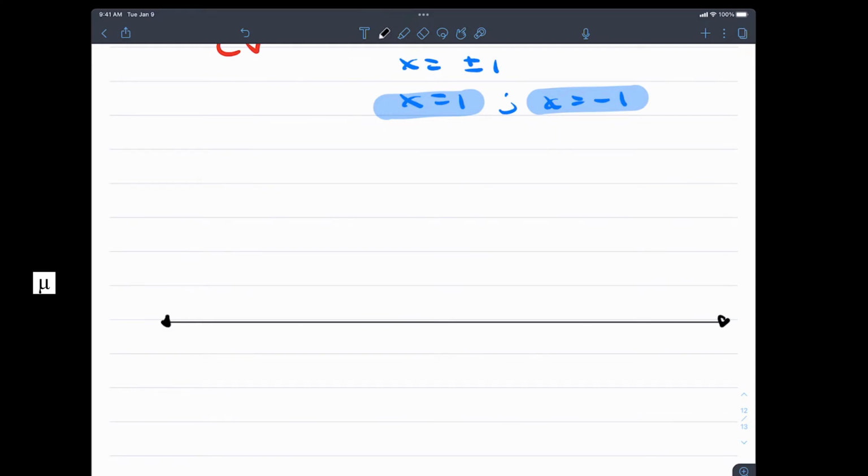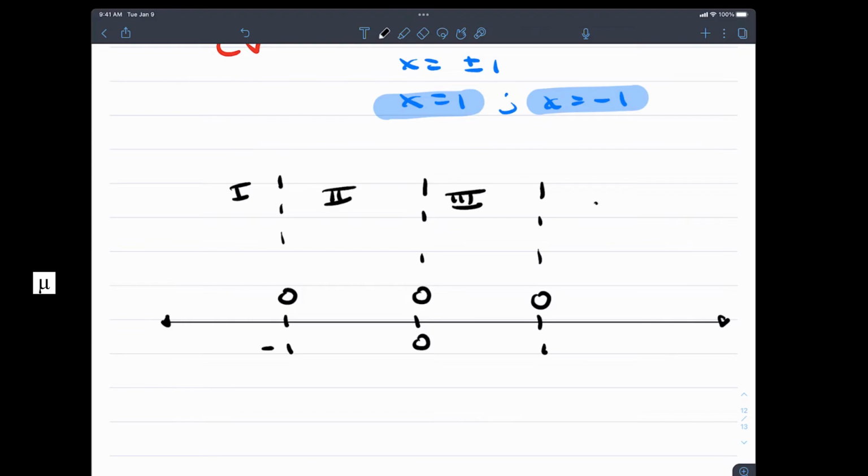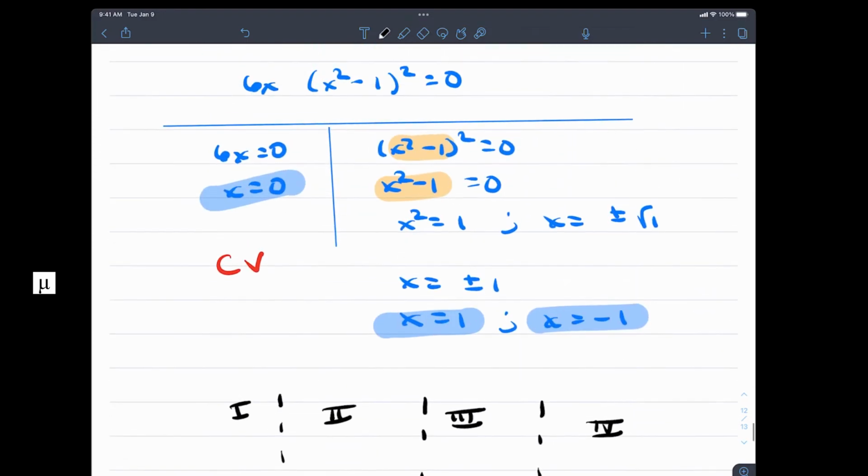What do we see now? We have negative 1, 0, 1. This is where your derivatives are 0. This is the first time we've seen how many? Yeah, 4 regions. 0, 1, negative 1. That's going to give you 4 regions here.